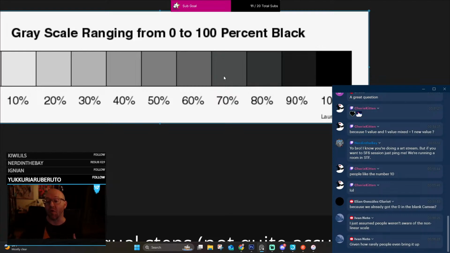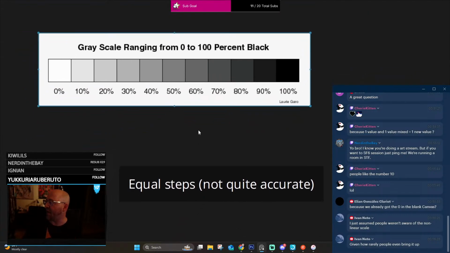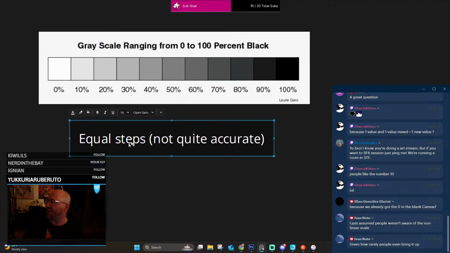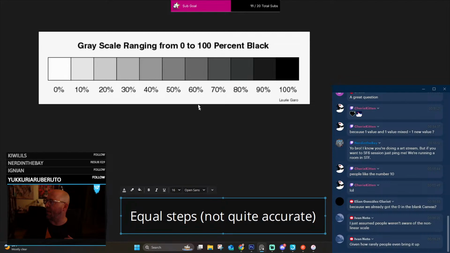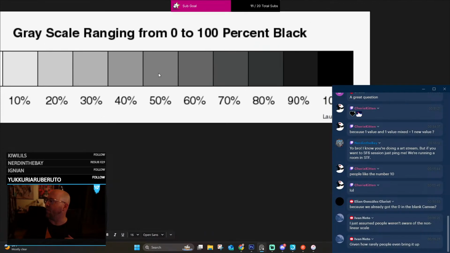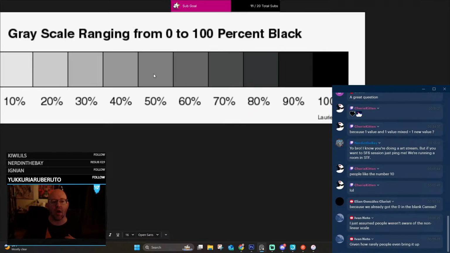I just assumed people were not aware of the nonlinear scale. We'll talk about that in a second, because here I put these as equal steps, but this is not quite accurate. We will talk about that in a minute. But this is easy to look at, easy to know what we're doing. So a 9-point scale. I'm about to give you the answer on why people use a 9-point scale. You guys ready?